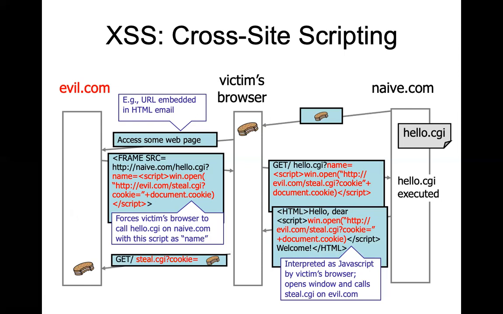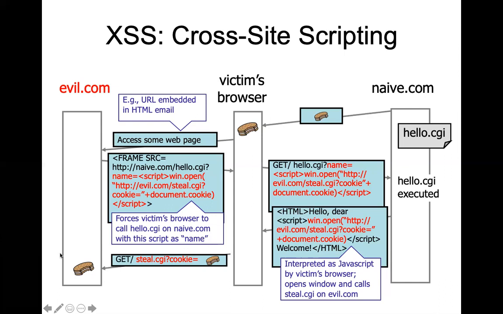Okay, so a couple of things over here. It's called a reflected attack because the attacker is sending content that is passing through the browser, getting reflected back by naive.com, and then sending the cookie over to evil.com. Now there are variants of cross-site scripting called stored cross-site scripting, where this script is not reflected back, but rather stored somewhere locally on the victim's machine, and the victim's browser does pretty much the same thing.